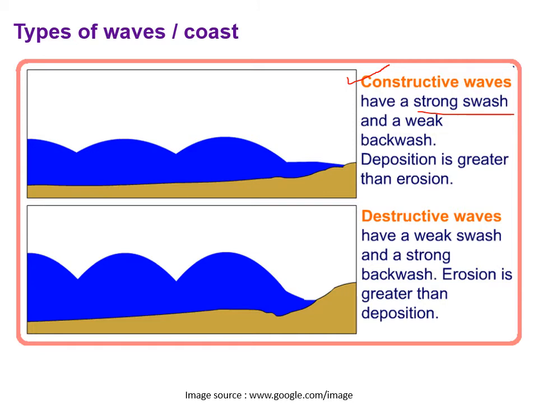Because of the dominance of swash rather than backwash or other kinds of erosional activity by coastal water, mainly deposition occurs here rather than erosion. So deposition is the dominant process found in these areas. That is why they are known as constructive waves, or often constructive coast.